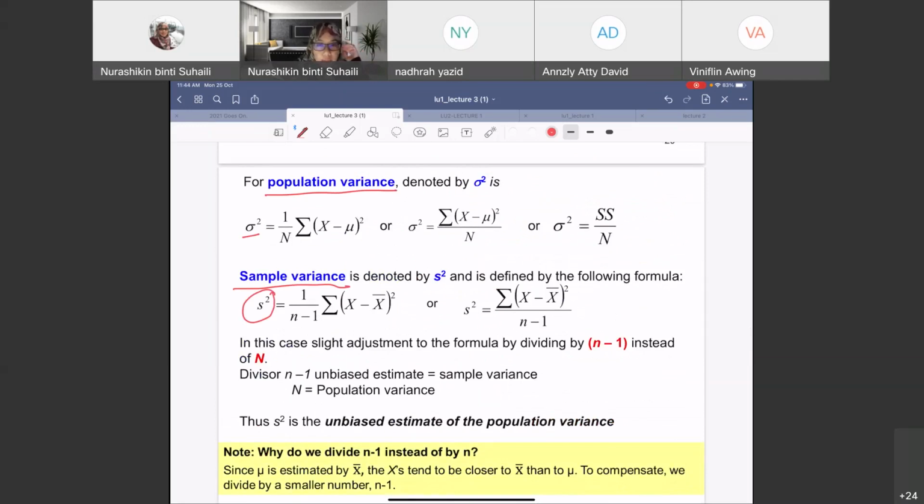You add up the difference between each data point and the mean value, and you sum up all. That is the sample variance and the population variance.